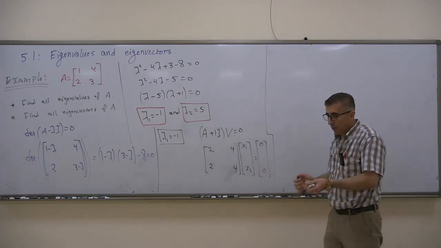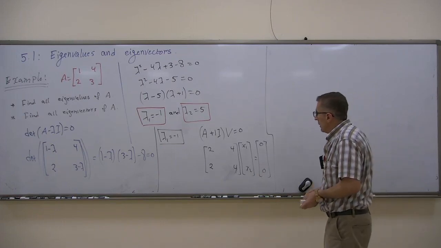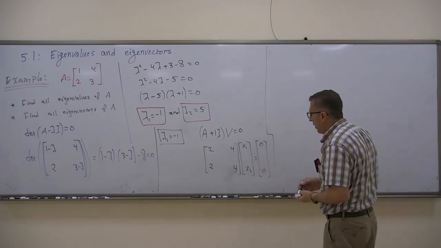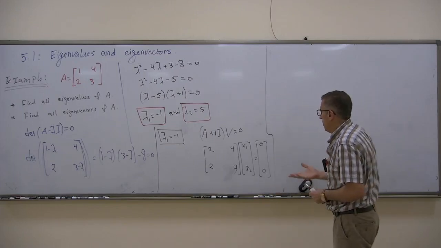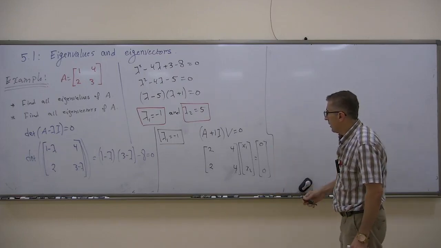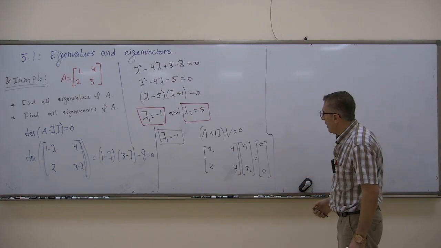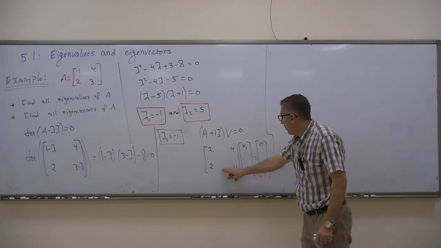Well, this is a 2 by 2 matrix, so you can do reduced row echelon form, but actually it is easy to solve right away. 2, 4, 2, 4.